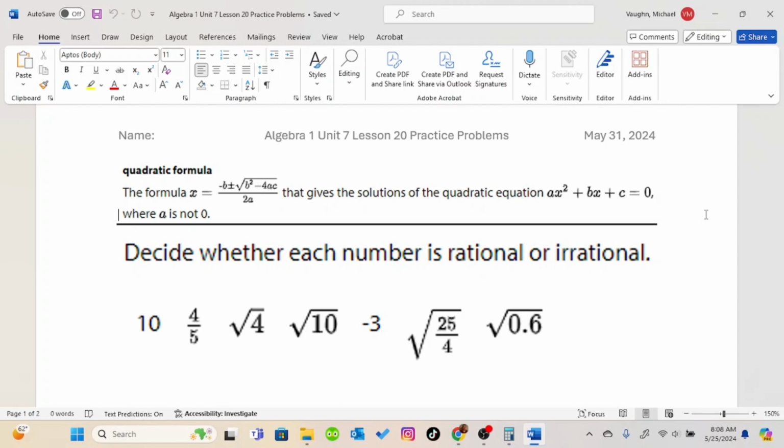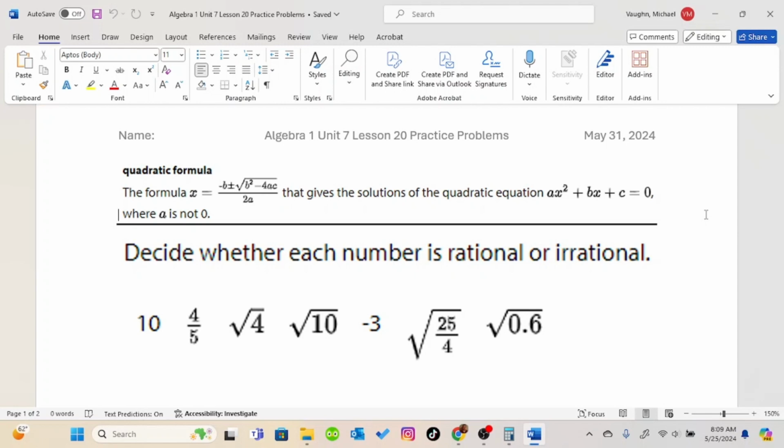The formula itself is x equals negative b plus or minus the square root of b squared minus 4ac over 2a. When you find these solutions for x, what you are really finding are the x-intercepts.